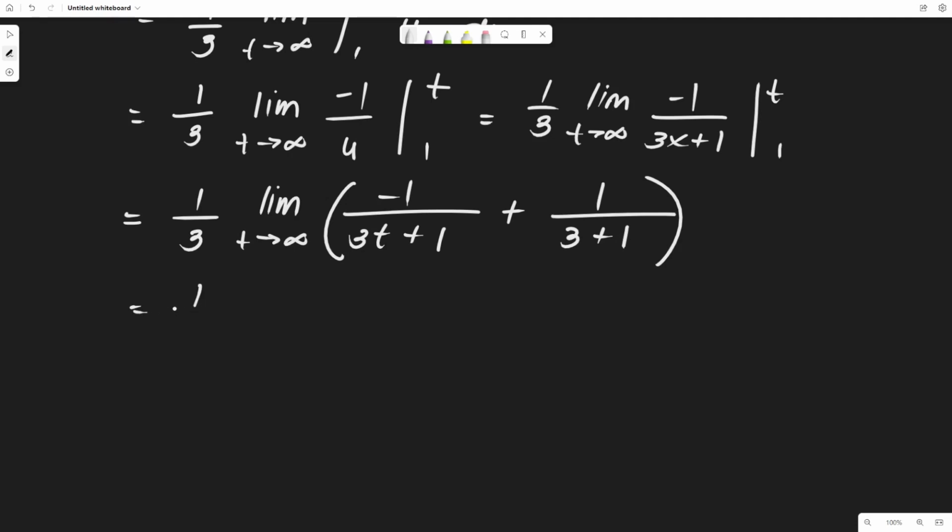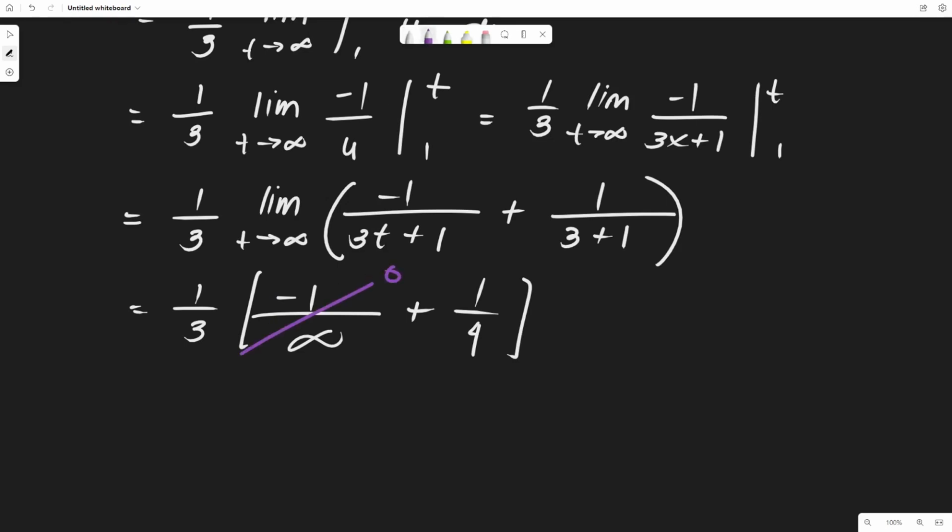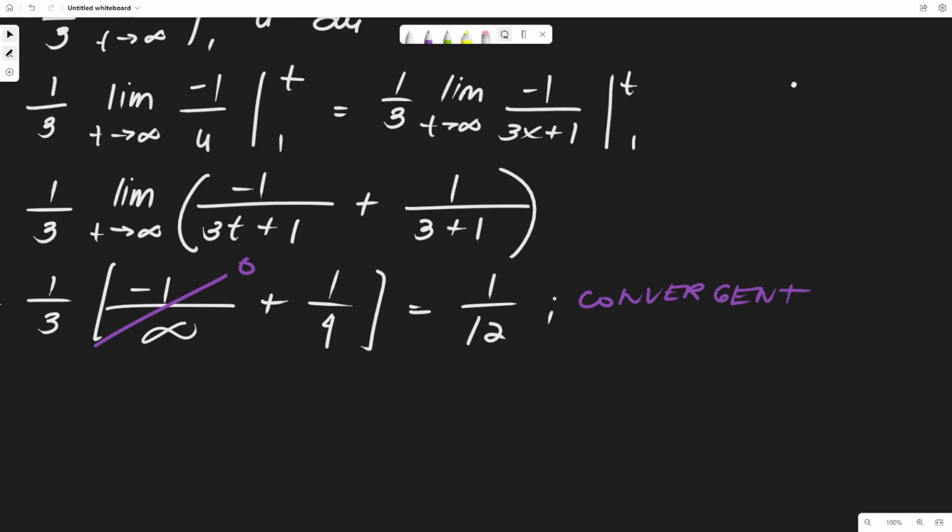So we have 1/3 times, I substitute infinity here. So negative 1 over any number multiplied or added to infinity is infinity, plus 1/4. And we know that any number divided by infinity is equivalent to 0. So 1/3 times 1/4 is 1 over 12. And it is convergent.